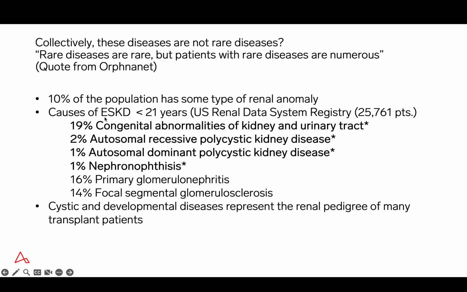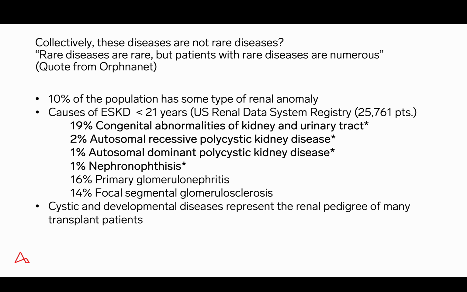If you look at causes of end-stage kidney disease in individuals below the age of 21, according to the United States Renal Data System Registry of almost 26,000 patients, 23% either have KCUT, autosomal dominant or autosomal recessive polycystic kidney disease, or nephronophthisis.